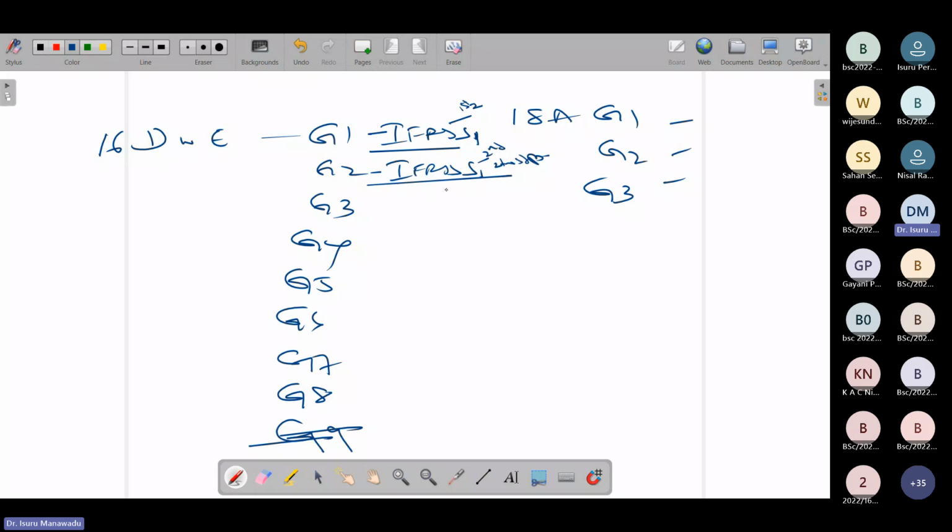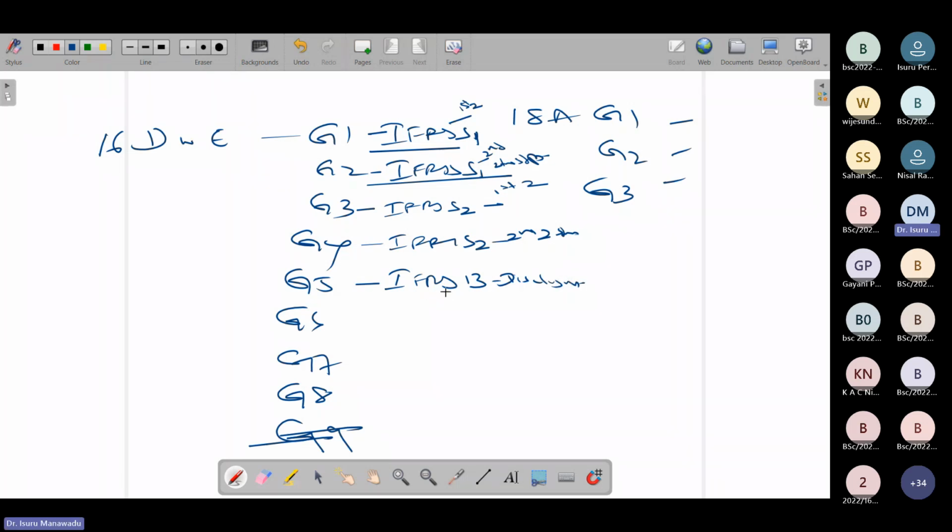You need to discuss about them, right? Group 3, IFRS S2, climate change, first 2 steps. IFRS S2, second 2 steps, right? Group number 5, IFRS 13 disclosures.